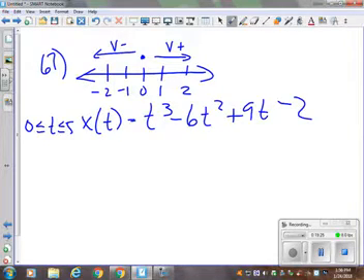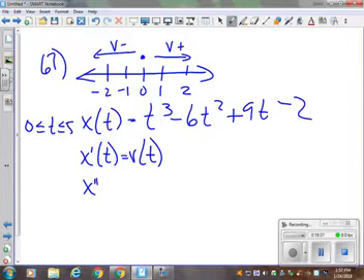So in part A, it asks us to find the velocity and acceleration of this particle. If we take the derivative of this formula, that finds the velocity formula. And if you take the second derivative of the formula, it finds the acceleration formula. So this is power rule, right? Just a real simple derivative.